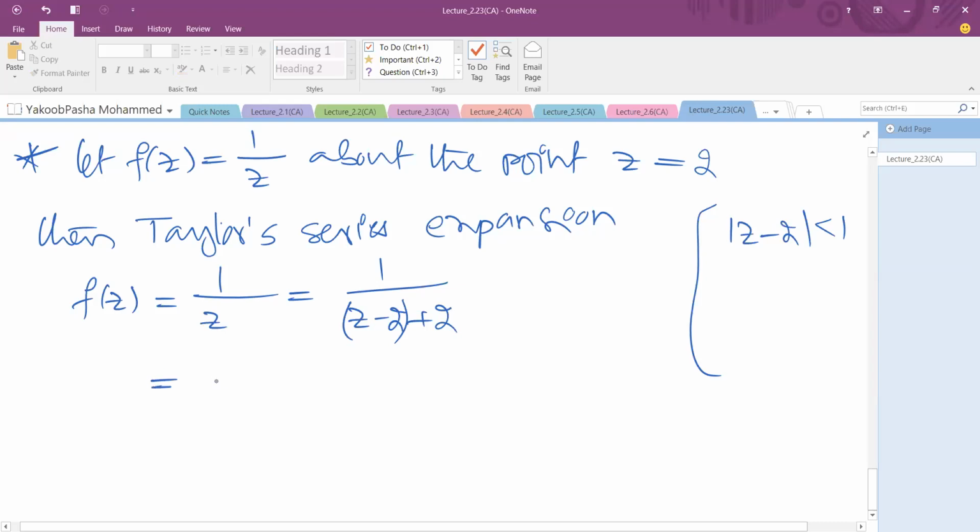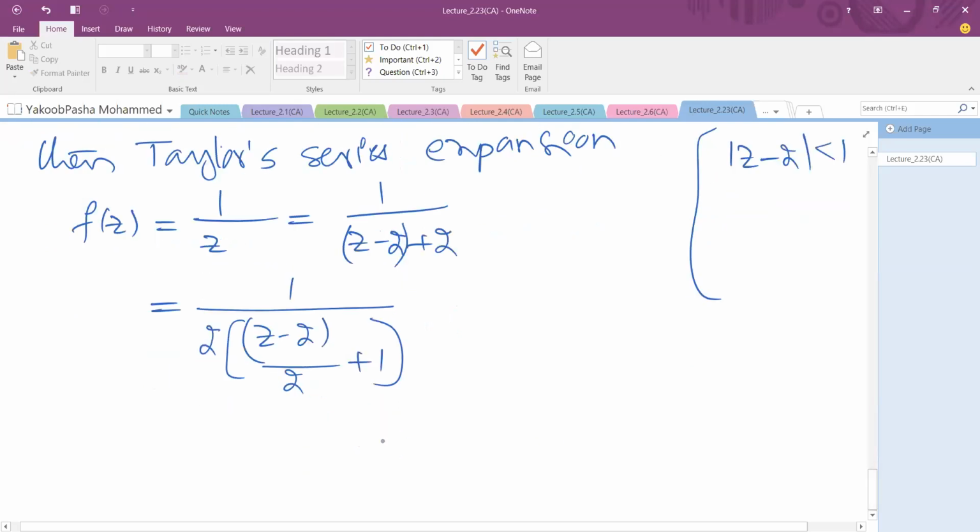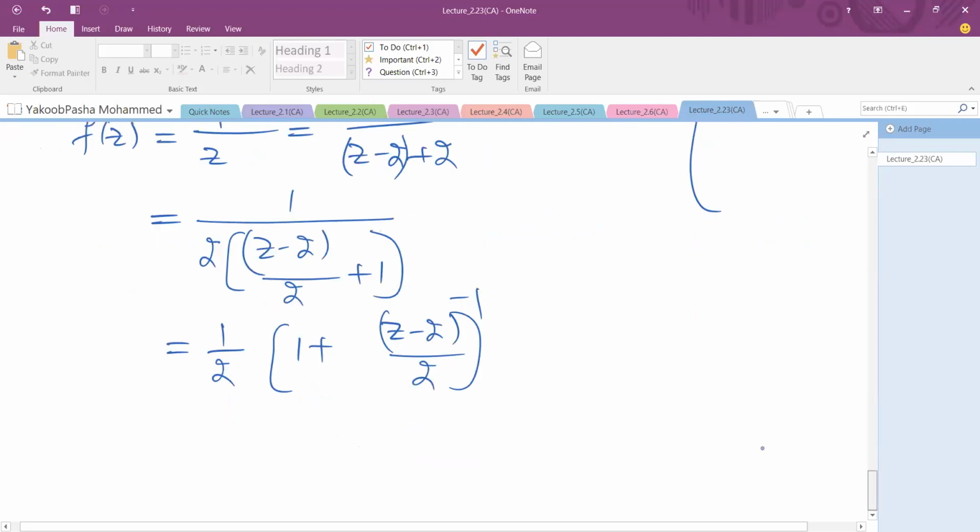So this is equal to 1 by 2 of z minus 2 divided by 2 plus 1. We are taking 2 as common here. So this is equal to 1 by 2 of z minus 2 divided by 2 whole to the power of minus 1. So it is in the form of 1 plus x whole to the power of minus 1.